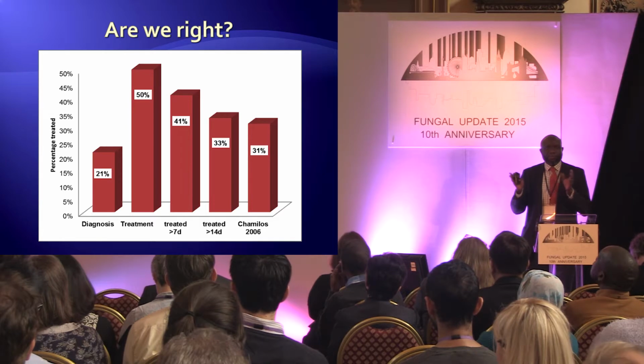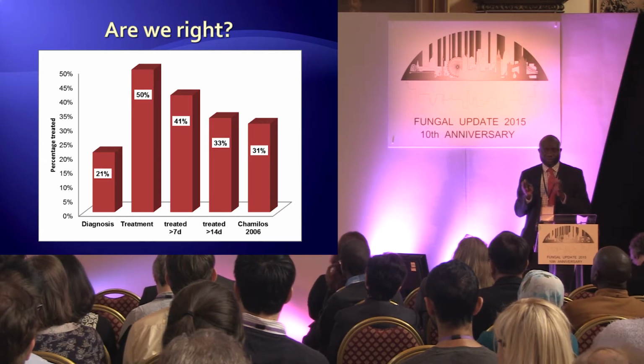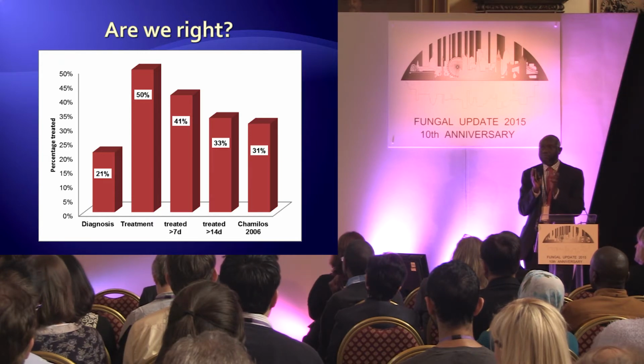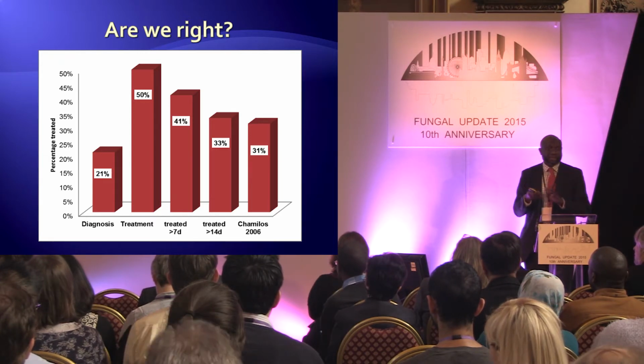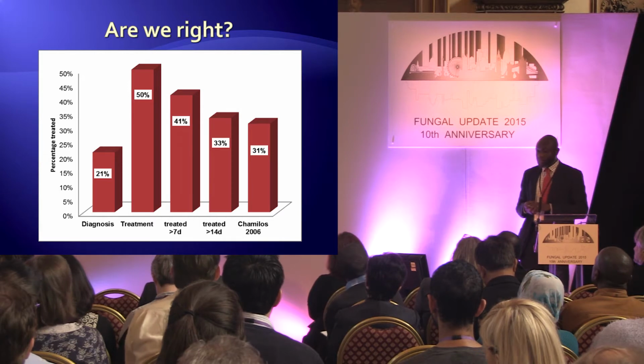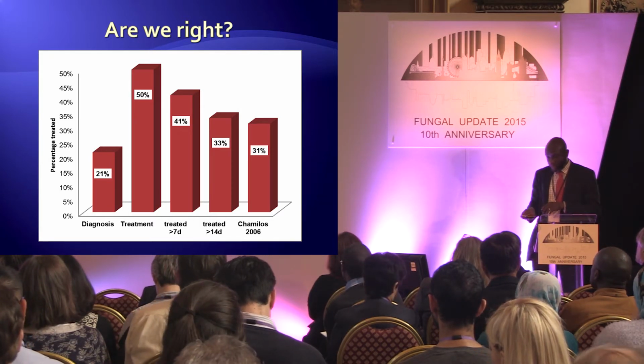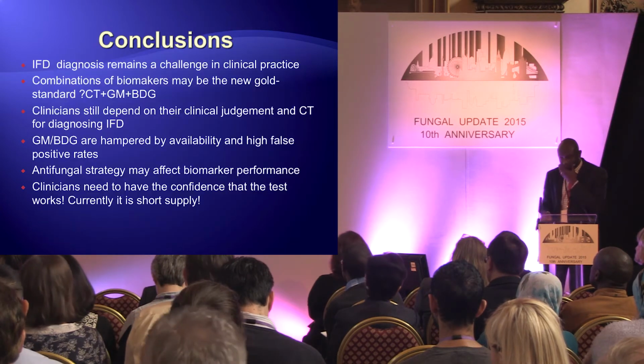Patients who have been on antifungal treatment for 2 weeks gives you an indication of the confidence of the clinician in terms of the diagnosis, as it were. And that mirrors what has been reported in some of the postmortem data.